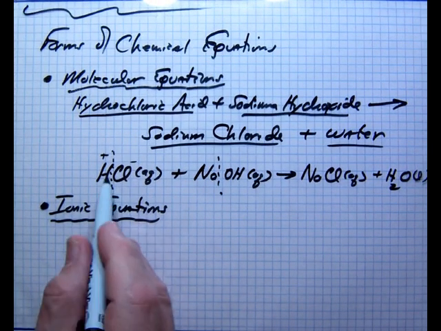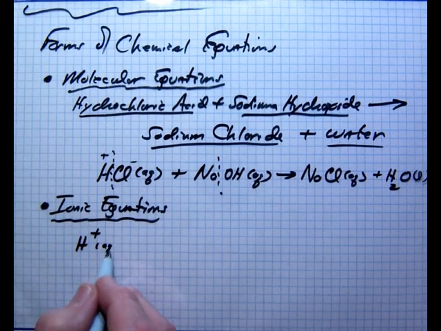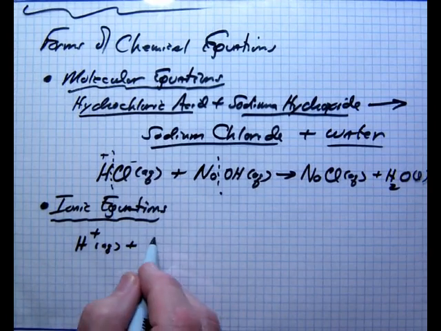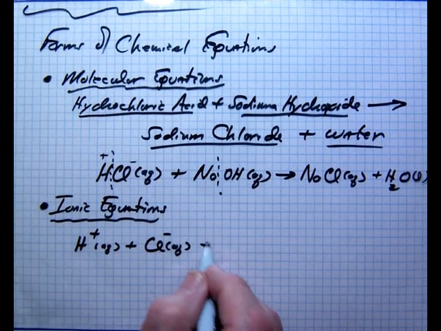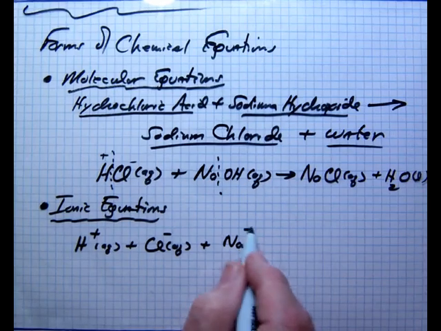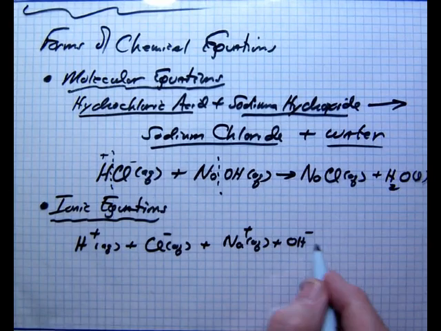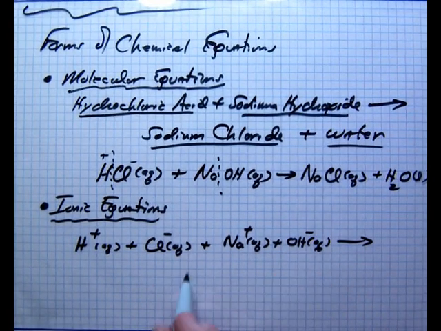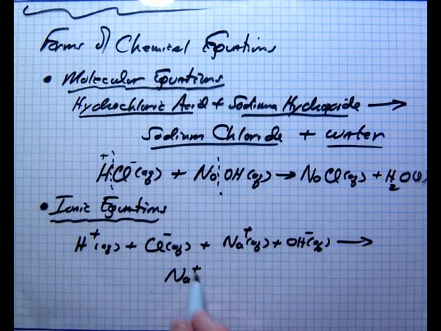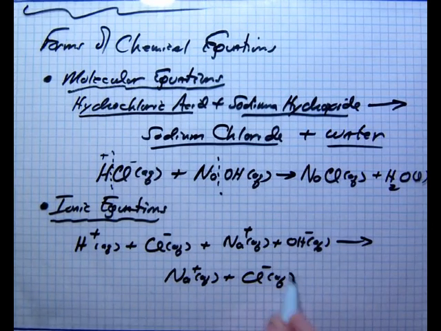Okay. So if I write the ionization of this, I'm going to write H plus aqueous for each substance that comes out of that compound. That's the ionic form. And then I go through and here Na plus aqueous plus OH minus aqueous goes to sodium plus aqueous plus chloride aqueous.